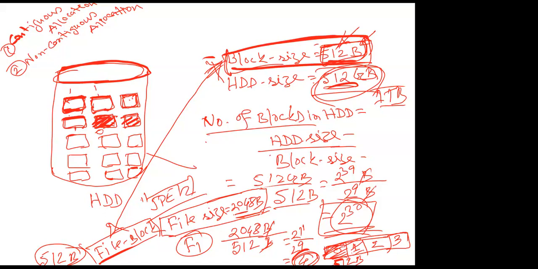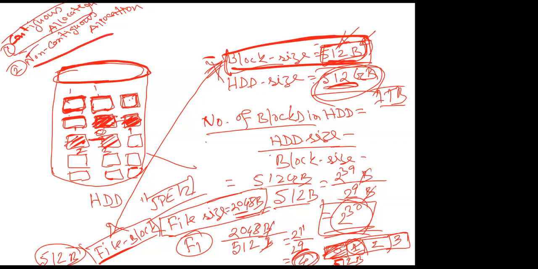File block 1 should be adjacent to the 0th block, then 2 should be here, and 3 should be here. So file block 0 is in here, 1 in here, 2 in here, 3 in here. These are all adjacent blocks. This is called contiguous file allocation.